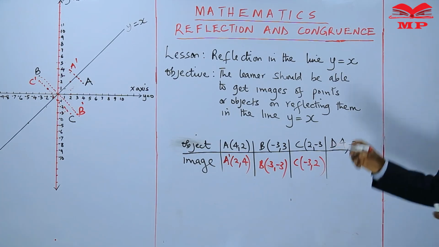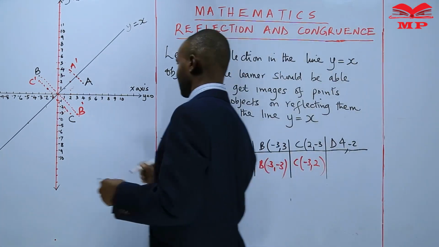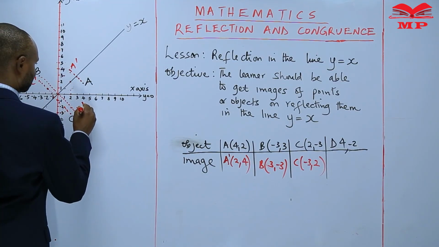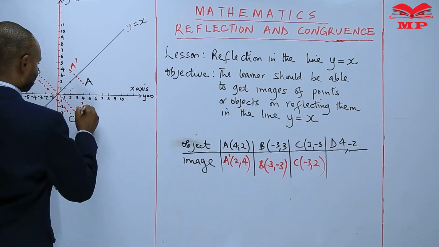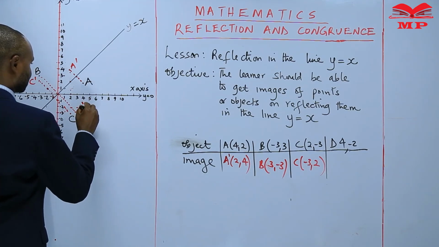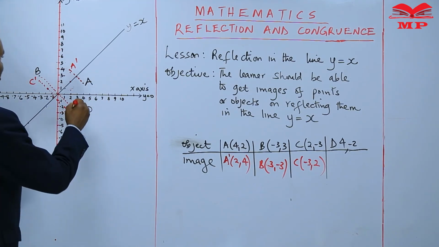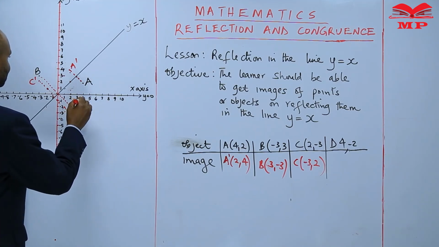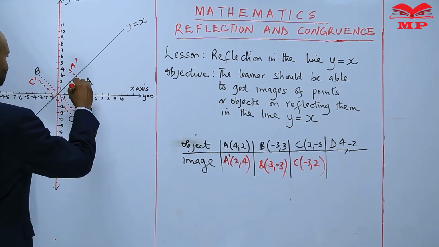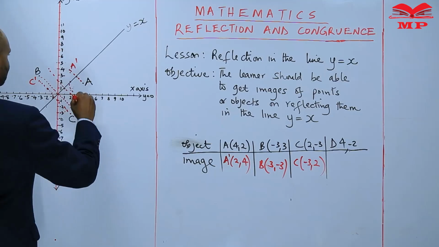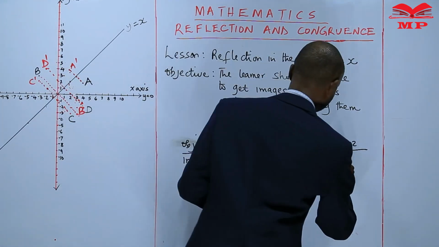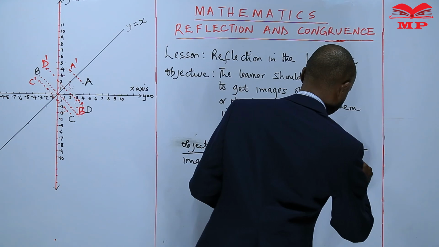But let's see what will happen with D, 4, -2. Same distance behind the mirror as that. So we have 4, -2, and D prime, you'll have -2, 4.